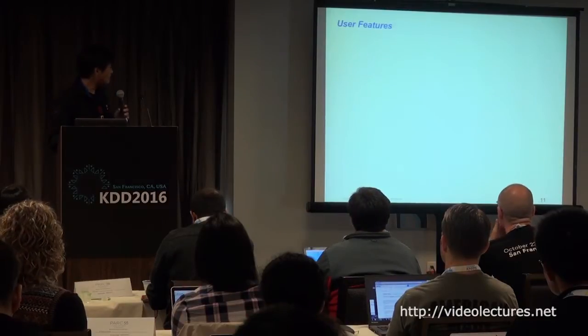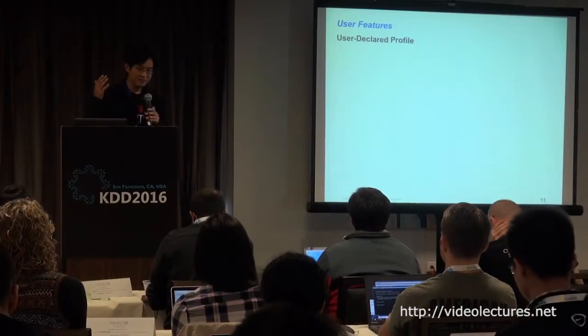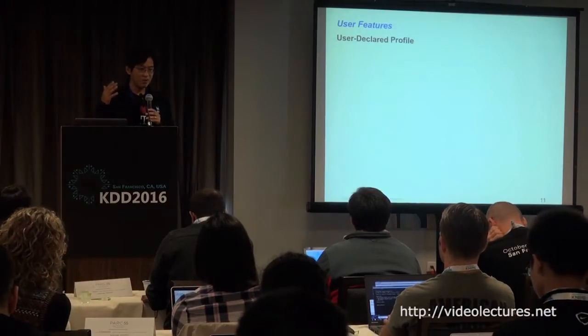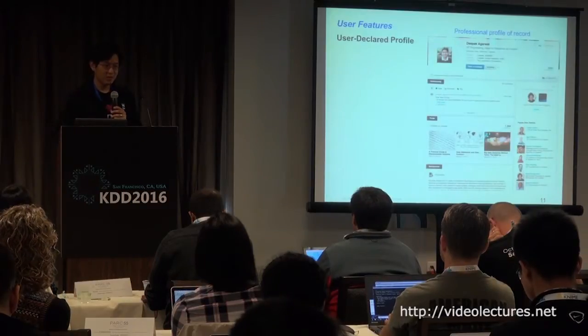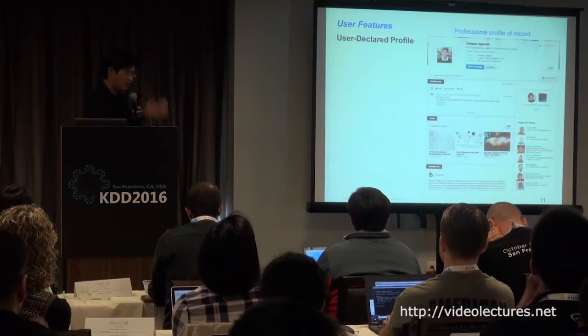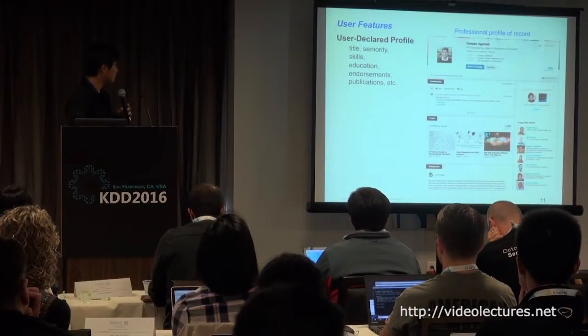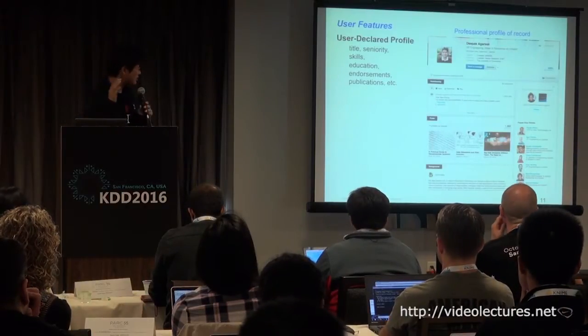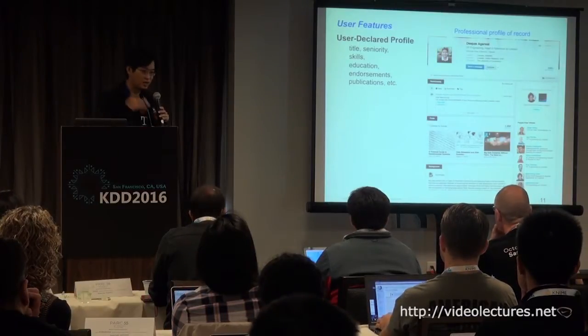There are different types of features. For example, a user can declare something about him or herself and put that in the profile. In LinkedIn, we have a professional profile for each user. The information includes the title of a user's position, the seniority, the skills, and the education record.